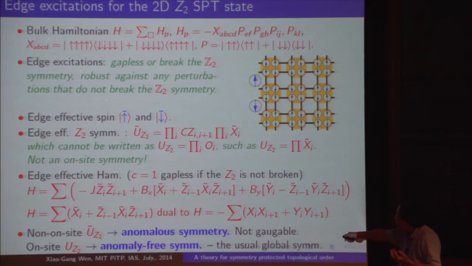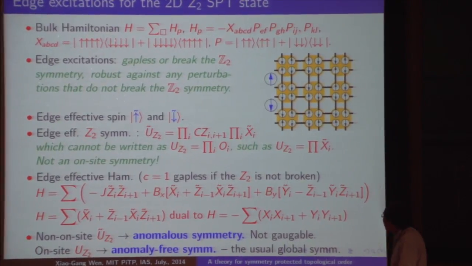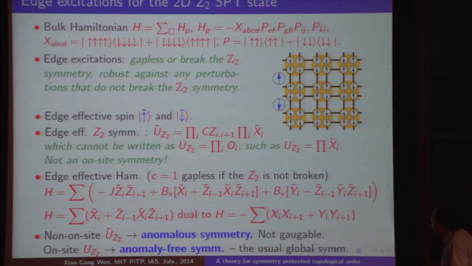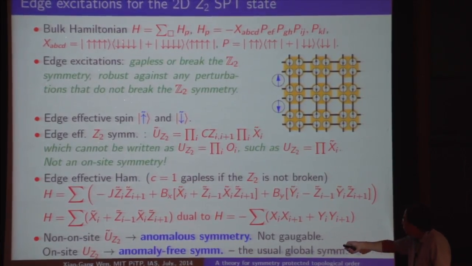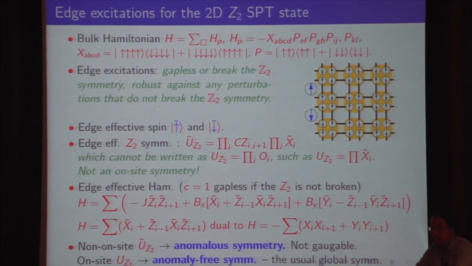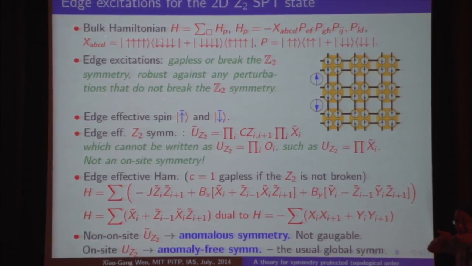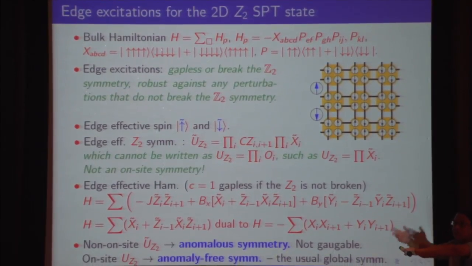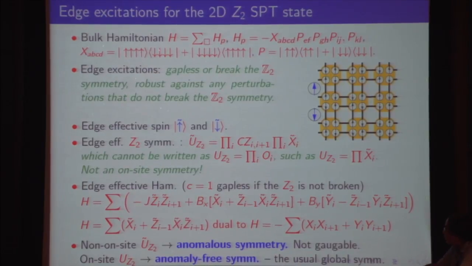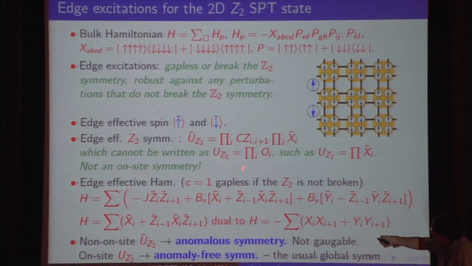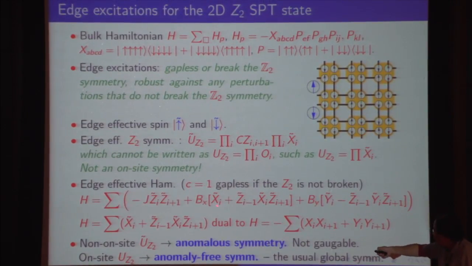And you can also try to add a magnetic field in the x direction. When you add it, you'll find this magnetic field in the x direction actually is not invariant. Usually, because here we flip spin up to spin down, the magnetic field in the x direction is invariant. But because it's a non-on-site condition, we find only this combination is invariant under this non-on-site Z2.